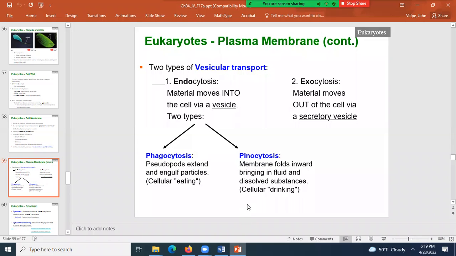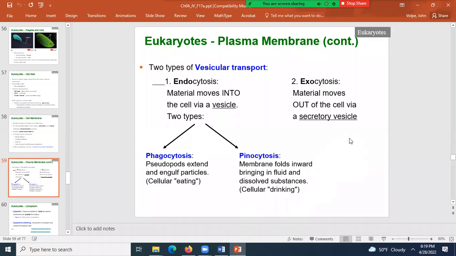The other way that a vesicle can form is where the material will be on the membrane, and then the membrane will literally start folding in on itself. So here's the cell. Something can be on the membrane. The membrane will then start invaginating, and that material will be brought into the cell, and then the invagination will connect.